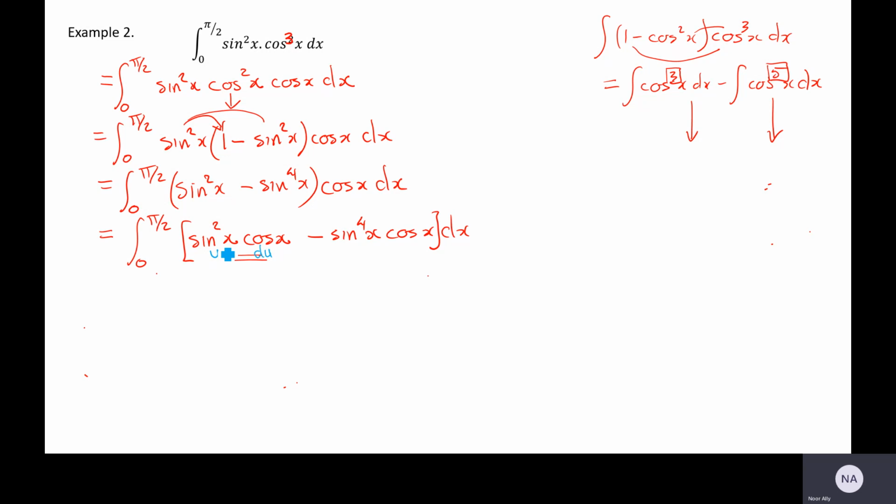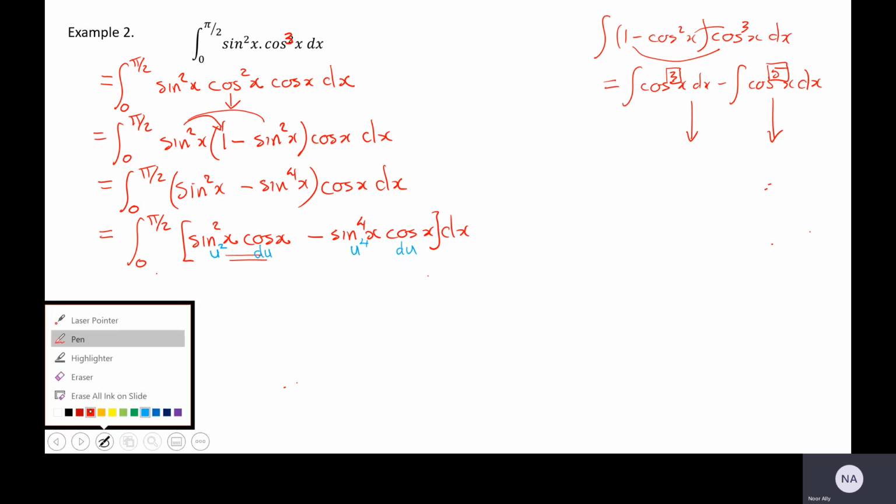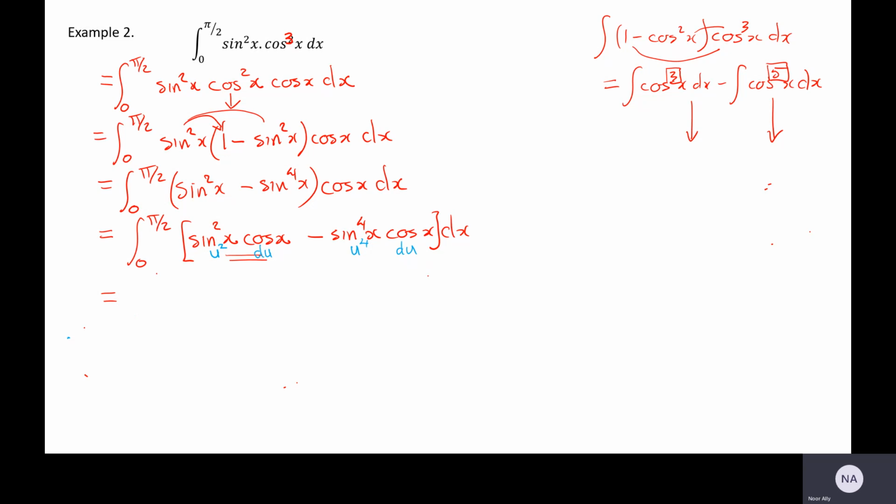And because sine is squared, it becomes u squared. Now you simply have to integrate u squared to give you u to the power 3 over 3. And what is u in this case? Sine of x. And we do likewise over here. This is u to the power 4, and that's my du. And with that knowledge, I can now write down my solution.